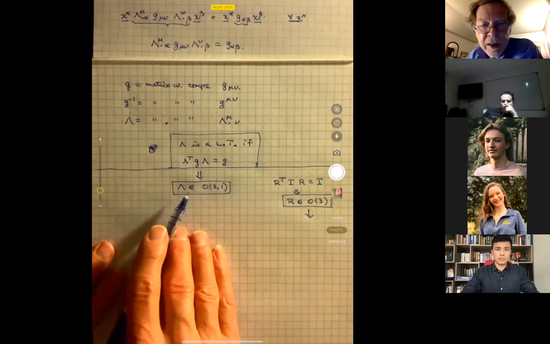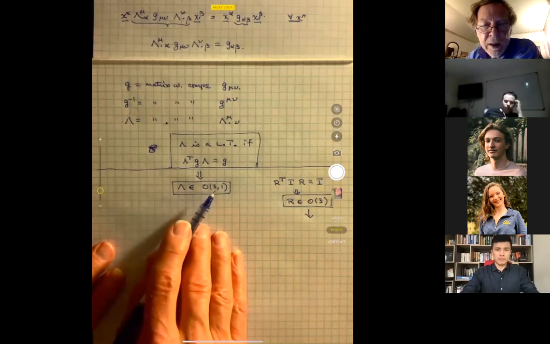Likewise, O3, 1 can be separated not into 2 subsets, but rather 4 subsets. This is related to whether or not the operation contains a parity operation or spatial inversion, or whether it contains a time reversal operation, one or the other or both.